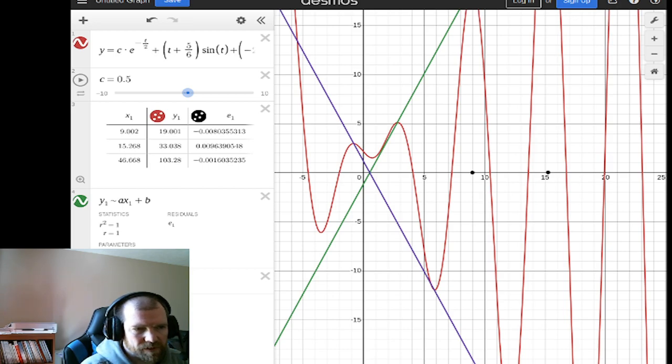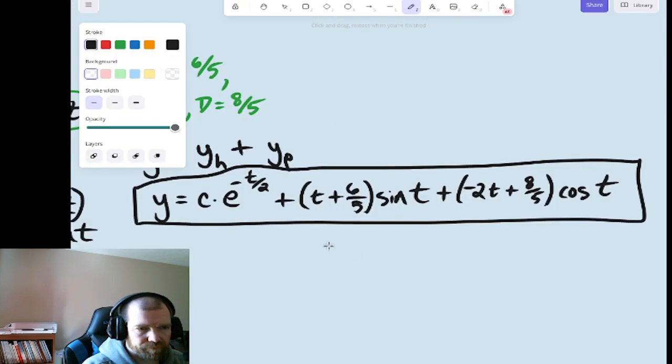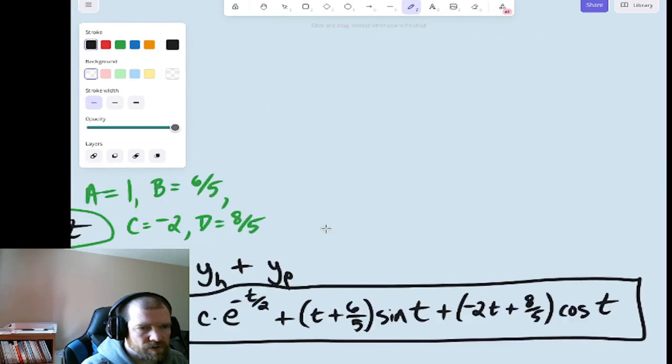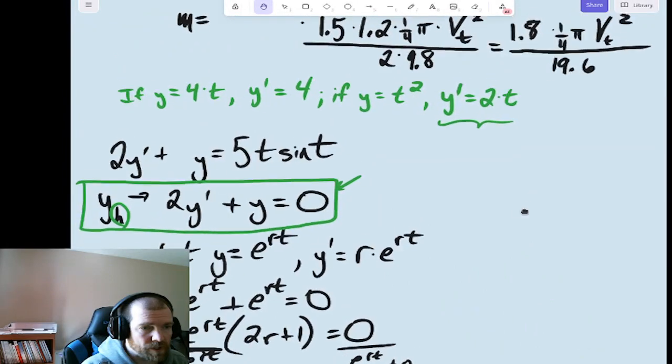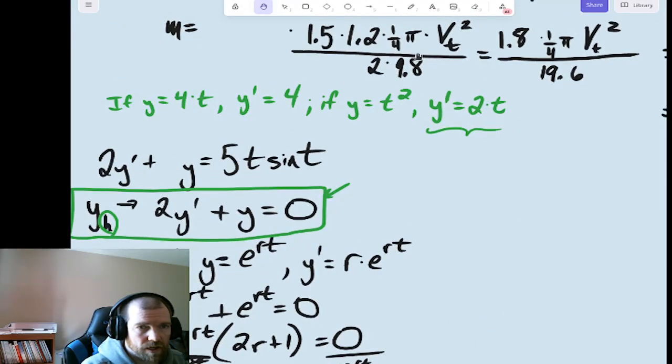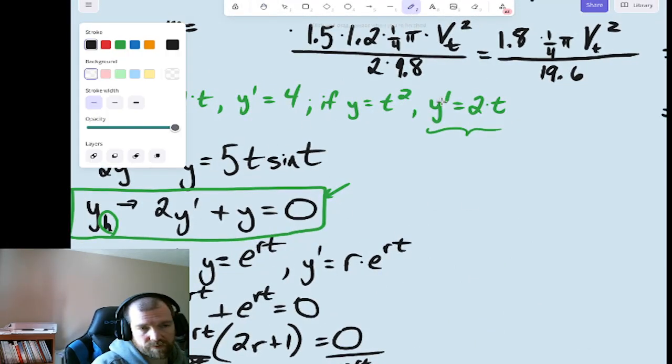There is actually something else that I wanted to do, which was to use... You could actually solve this differential equation here as a first-order linear differential equation.